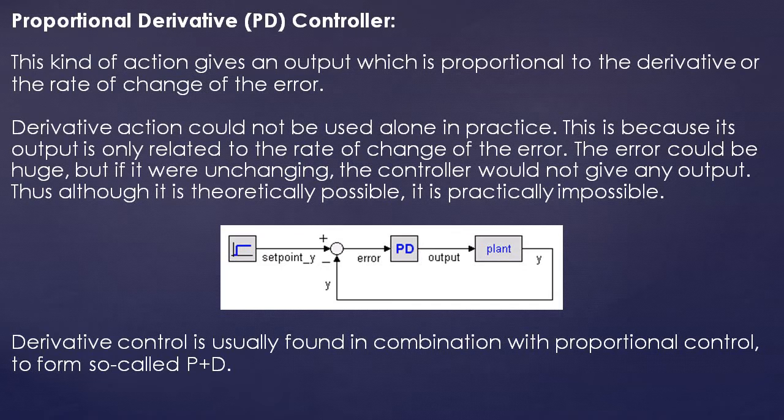So now the proportional derivative controller, that is the PD controller. This kind of action gives an output which is proportional to the derivative, or the rate of change, of the error. Derivative action cannot be used alone in practice, because its output is only related to the rate of change of the error.